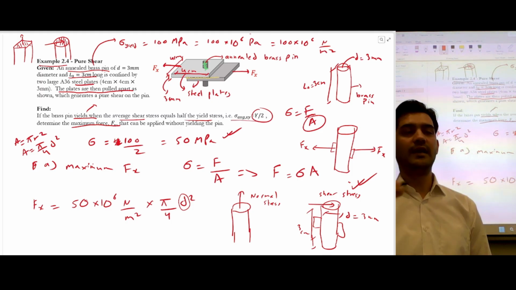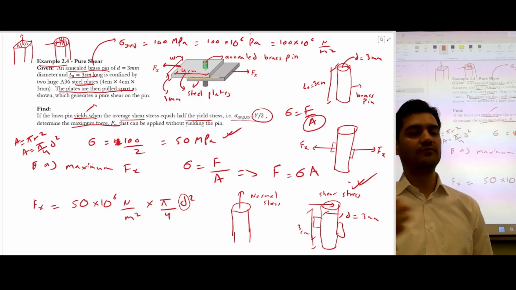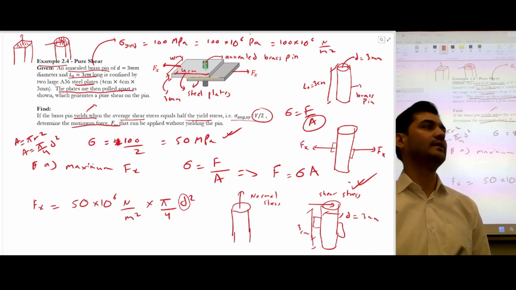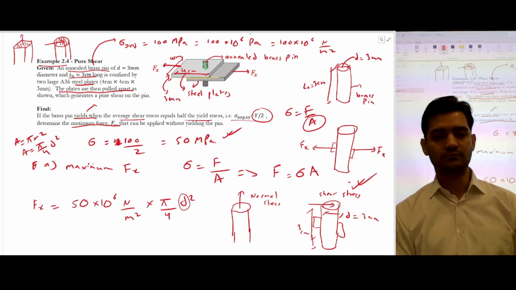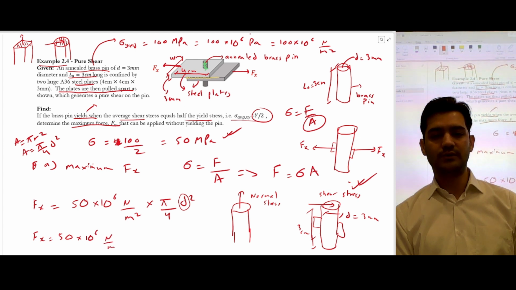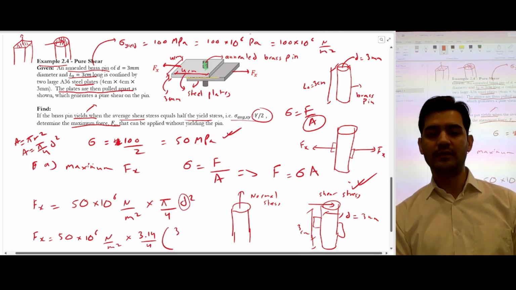You have to calculate the cross-sectional area, which is based on the diameter of that brass pin, and you're going to use that area. So 50 into 10 raised to the power 6 Newton per meter square into 3.14 by 4, and this is 3 millimeter. I'm going to convert it into meter.